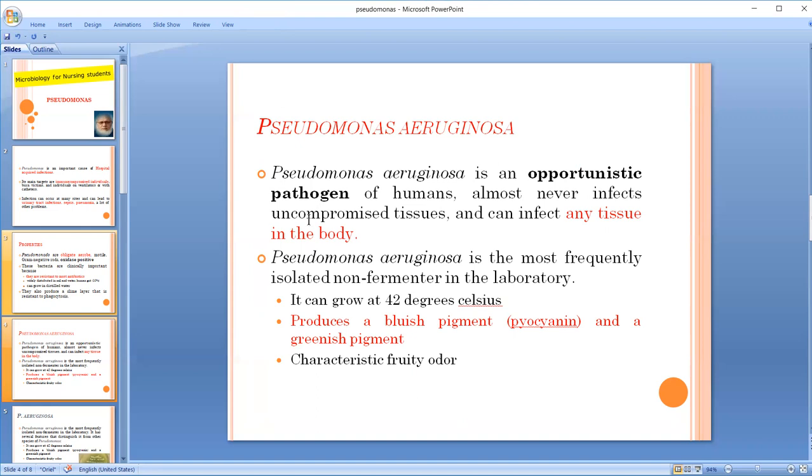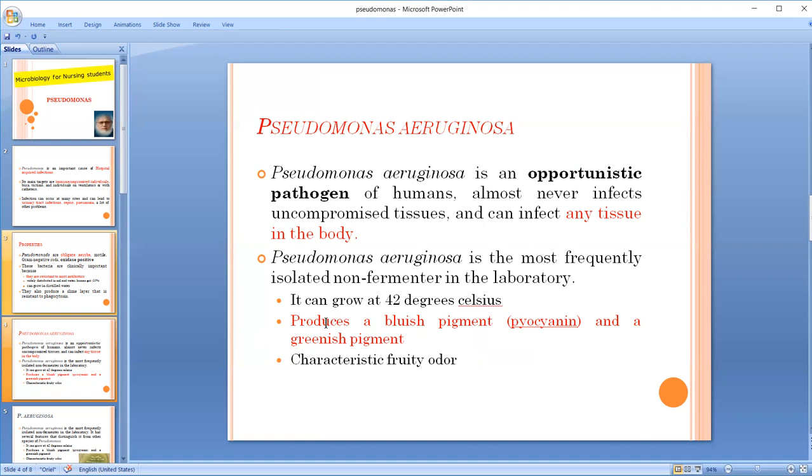So again, it is an opportunistic pathogen, never infects an uncompromised or immunocompetent host, and can infect any tissue in the body. They can grow even at 42 degrees Celsius and also at 37 degrees centigrade.